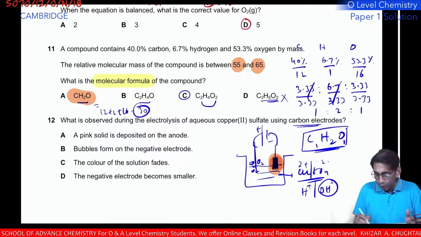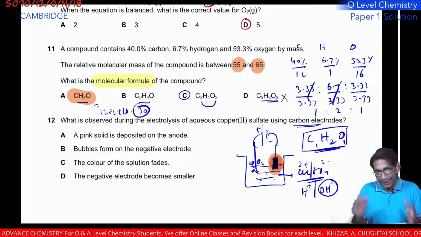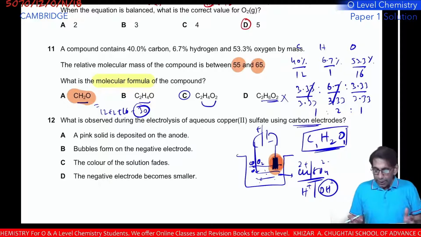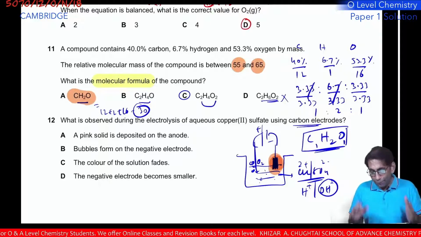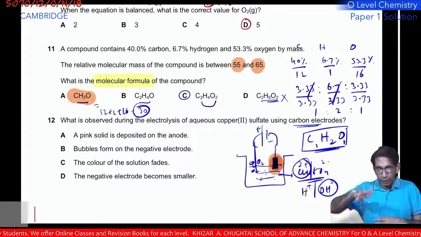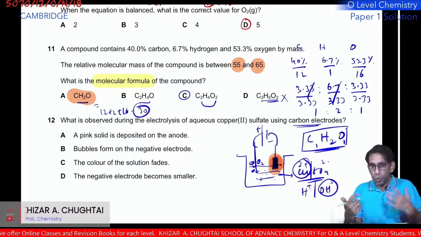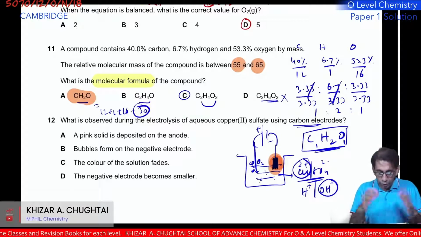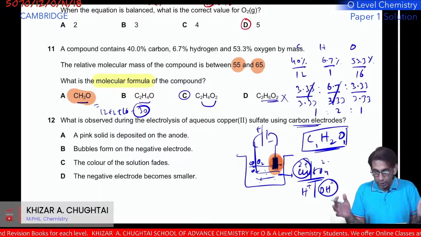What will happen to the color and concentration of the electrolyte? The electrolyte will fade in color because of the migration of copper 2 positive ions towards the cathode. So copper 2 positive ions are going to deplete with the passage of time.